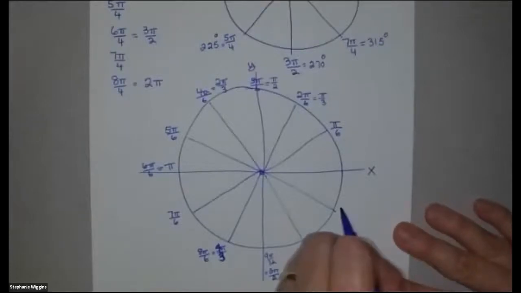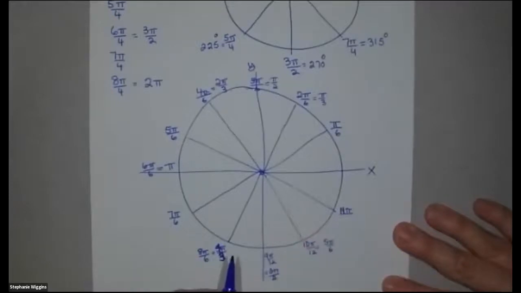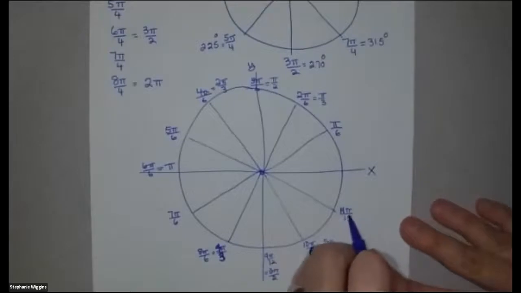Then we have 11 pi over 6. I meant this to be 6 here, sorry.